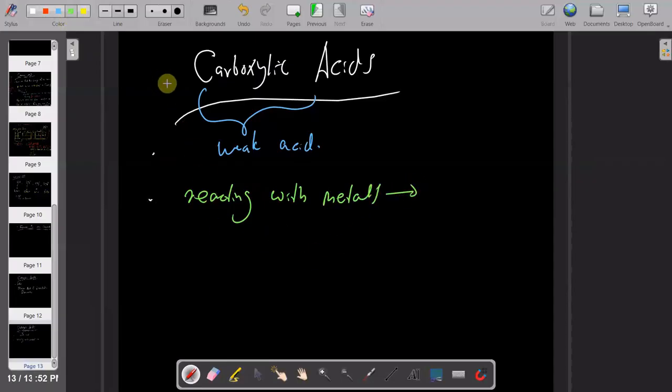Just like an acid. I will give you the reaction and you just write the products, right? Let's say CH3COOH with magnesium. Write the products.